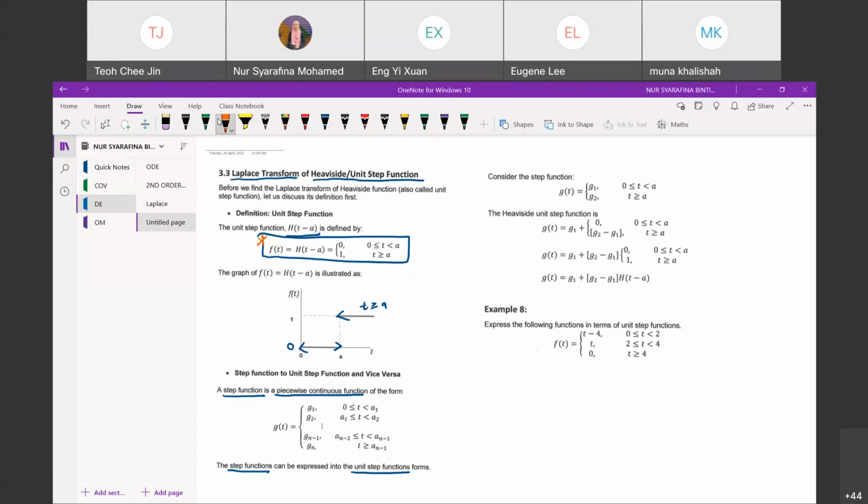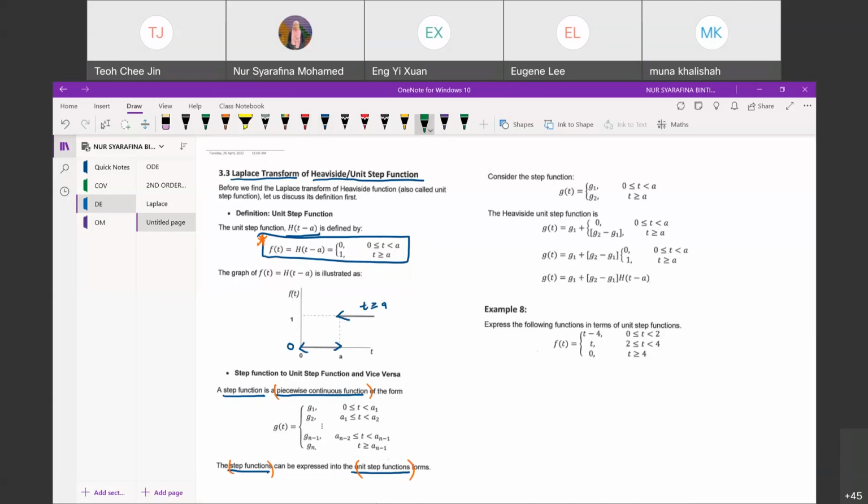But we can also transform that step function, that piecewise function, into a unit step function.